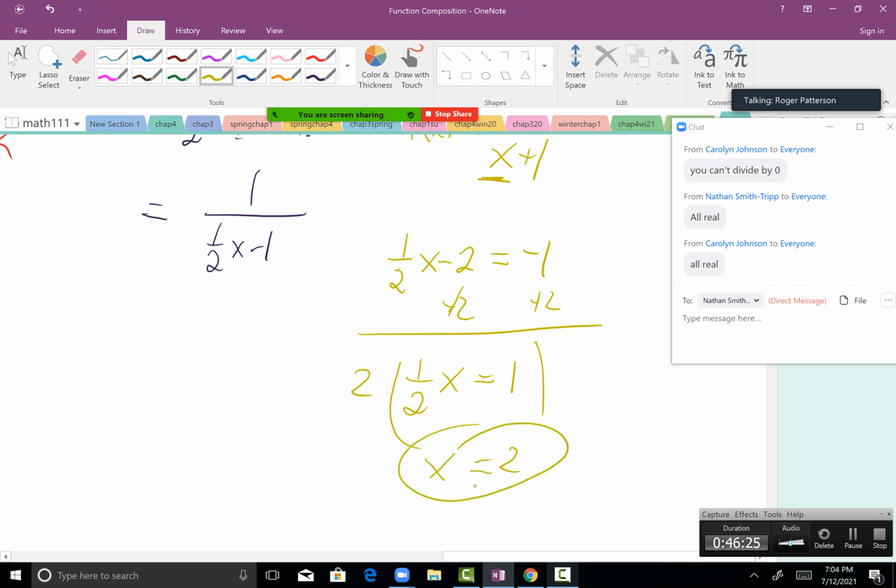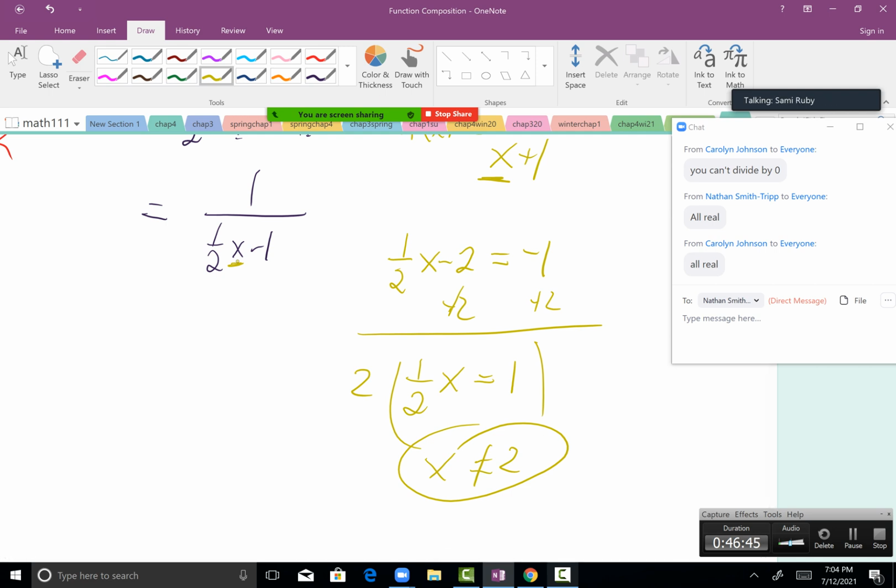And there it is. So x cannot be 2. Right? So that's that domain. And sure enough, if I put 2 into here, look at that. I'm going to get 0 on the bottom. Can't have that. Okay? And that's how it works.